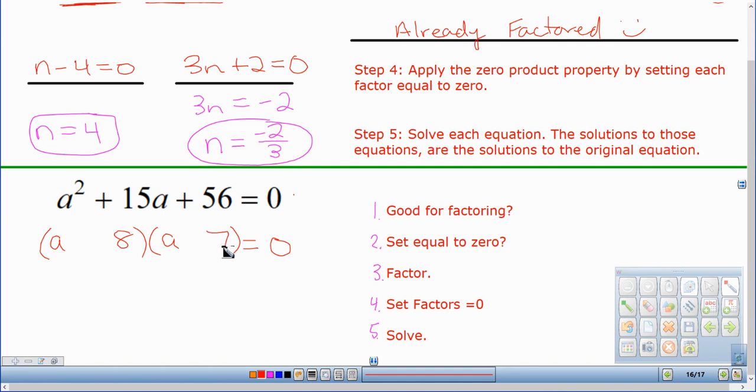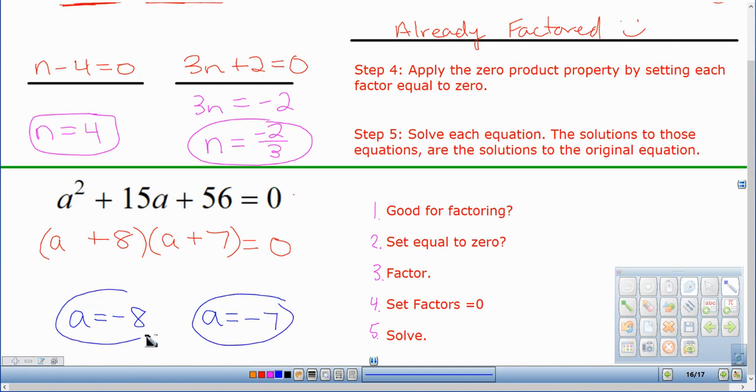Again, I think it's 8 and 7. And then I get a plus and a plus because I got to get that 15 and that positive 56. This works out already. And very quickly, if I get really fast at this, you'll see that the a value that would make this a 0 is negative 8. And the a value that makes that a 0 is negative 7. And ladies and gentlemen, I have factored that problem in a matter of seconds.